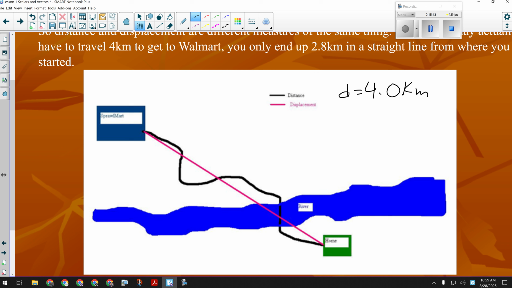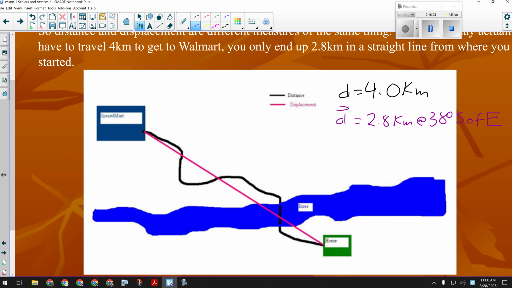That would be the displacement from my house to Walmart. So my displacement would be 2.8 kilometers at, let's say, 38 degrees south of east.